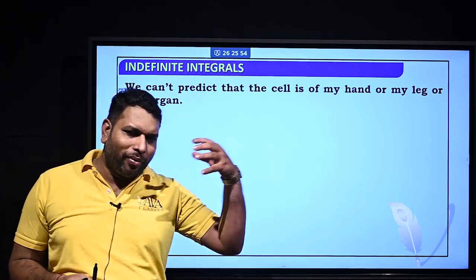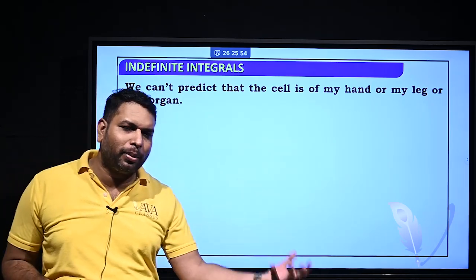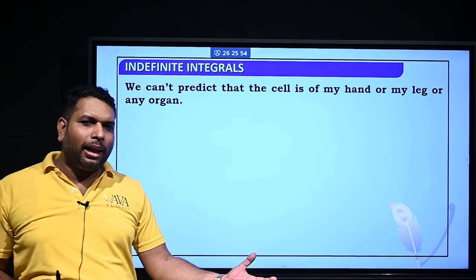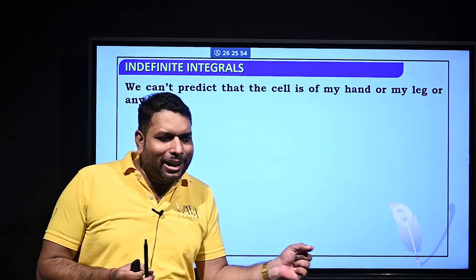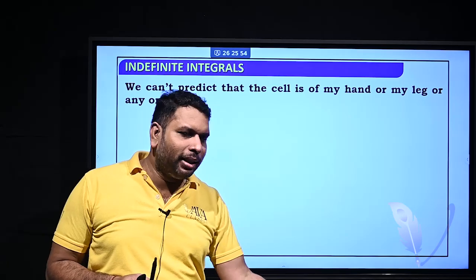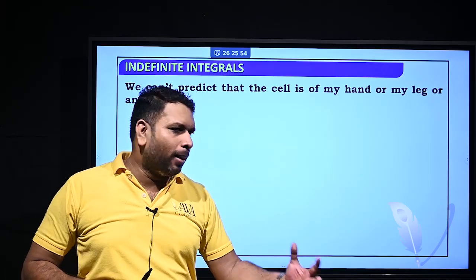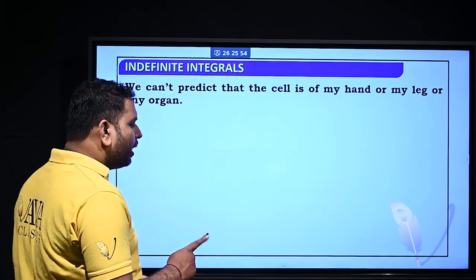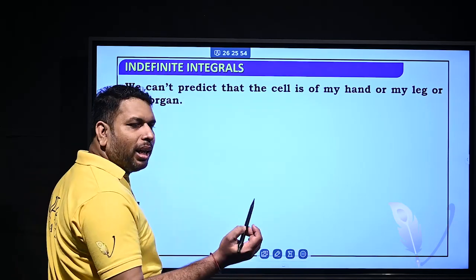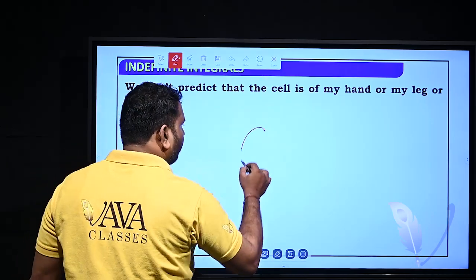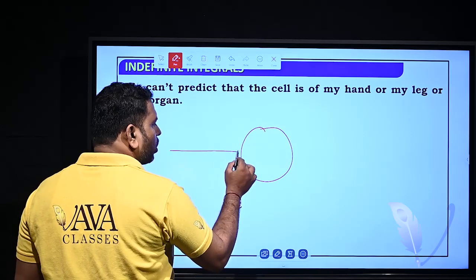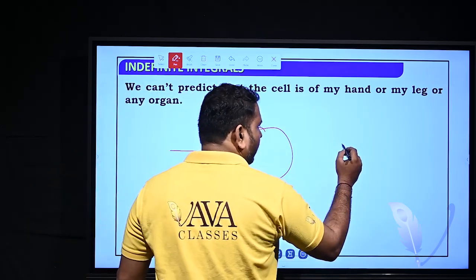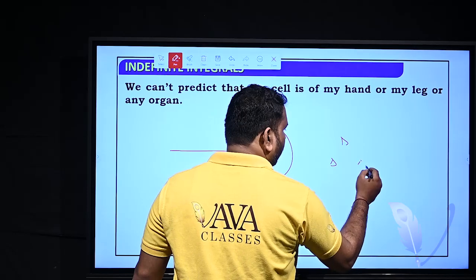That is, if you break up something, then exactly you cannot add this back. Breaking is easy. Derivative is like breaking. Suppose a pot is there. If you apply the derivative, it will break into some parts like that.